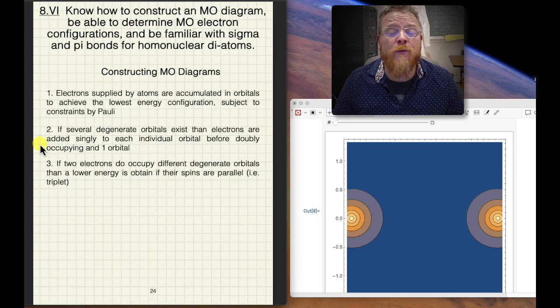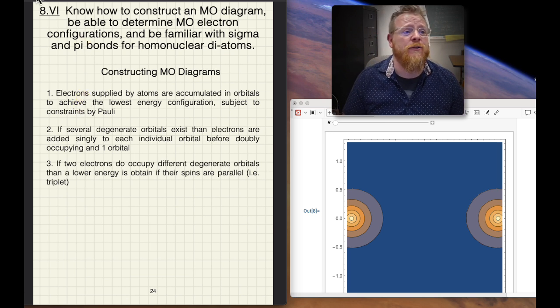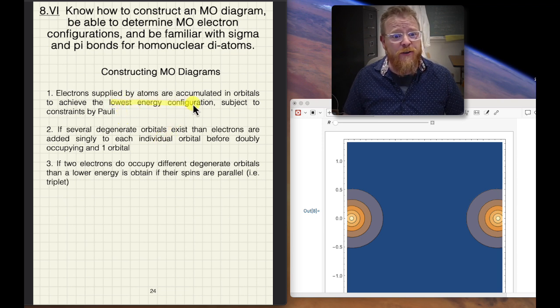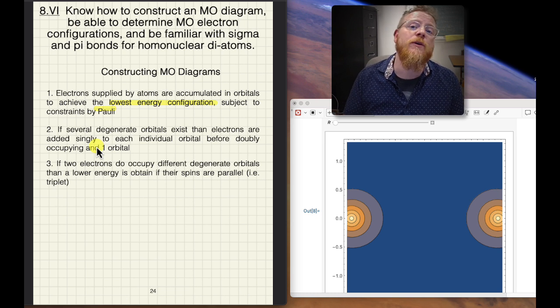So, for constructing MO diagrams, a couple ground rules to lay first. Electrons supplied by atoms accumulate in orbitals to achieve the lowest energy configuration subject to constraints by Pauli. Meaning, if two electrons have to occupy the same orbital, they've got to be spin paired.